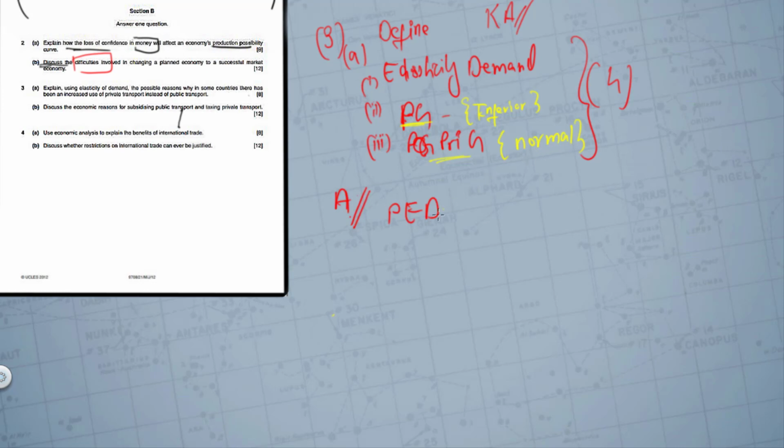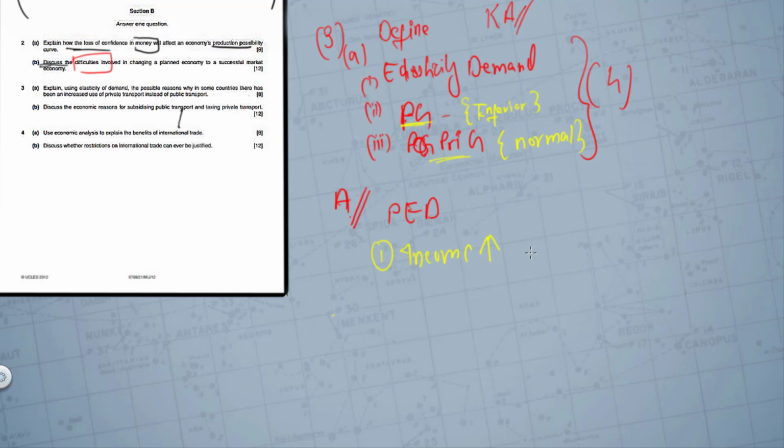So when a country is moving from a public transport consumed economy to a private transport consumed economy, its income rises. When income increases, obviously our price elasticity of demand is affected. Generally speaking, when income increases for an inferior good, the price elasticity of demand decreases.